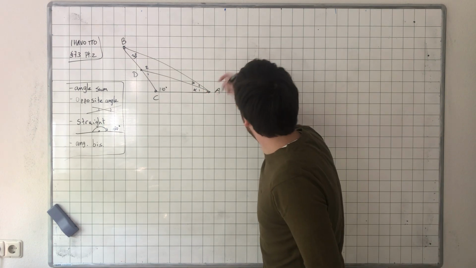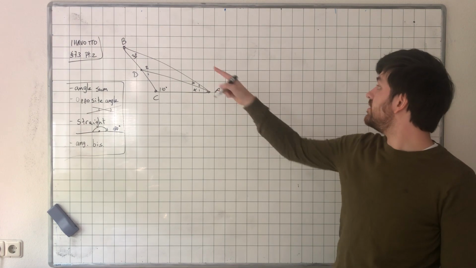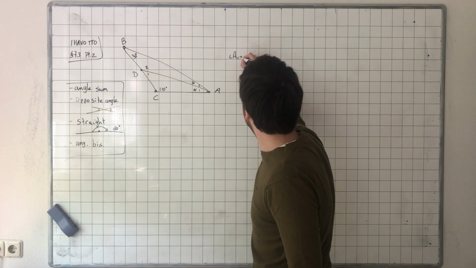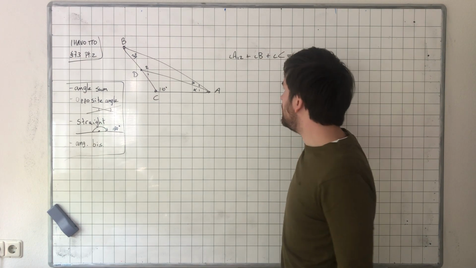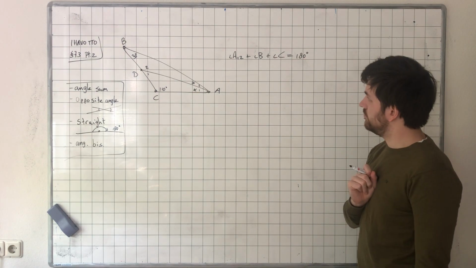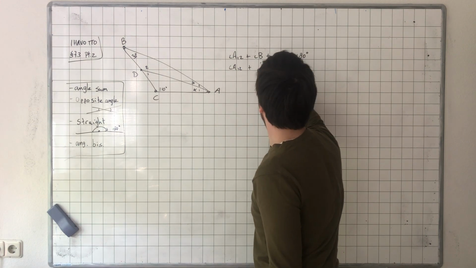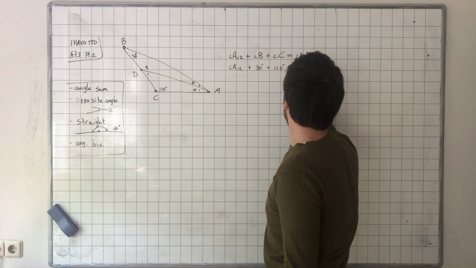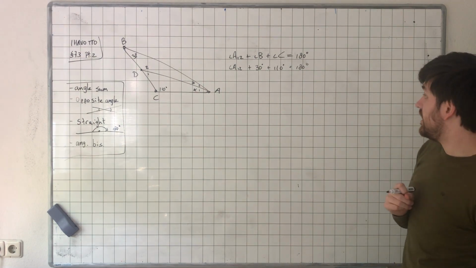So for example, we can calculate angle A12. Why? Because in triangle ABC, you can say that angle A12 plus angle B plus angle C should be 180 degrees. Well, since angle A12 plus 30 degrees plus 110 is 180 degrees, we know we can calculate A12.